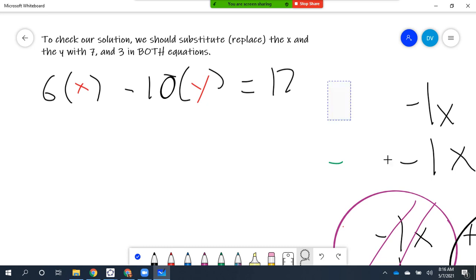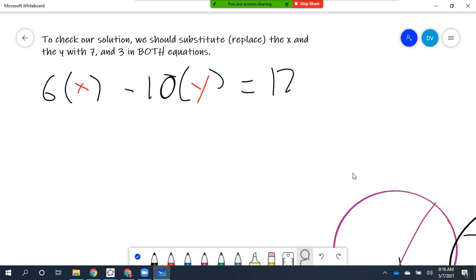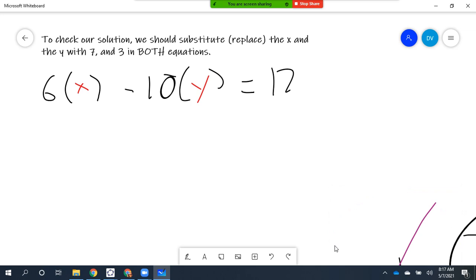I should have fixed this ahead of time. I'm going to clean my whiteboard. Okay, good enough for now.